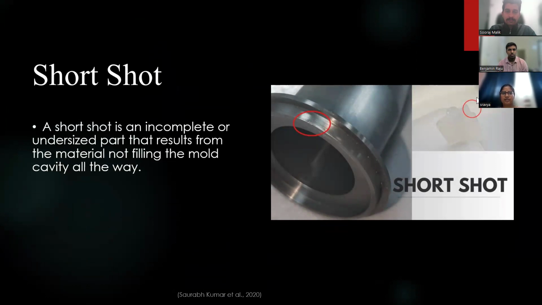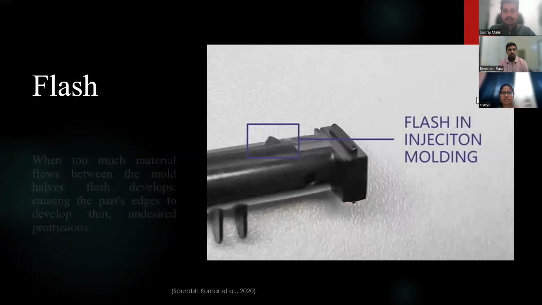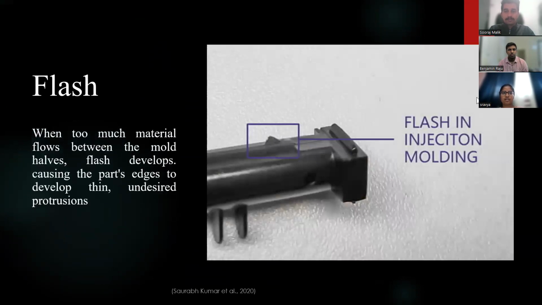This is an incomplete part which results when the material does not fill the mold cavity, which is clearly shown in the picture with the red mark identifying it. And the last one is flash. Flash is a common issue we have found. It is caused by excess material at the part's edge, developing thin, undesired protrusions.